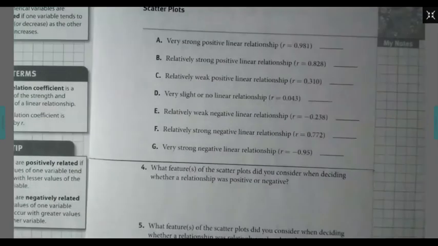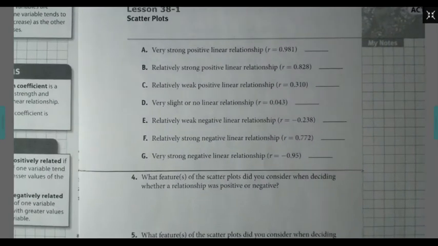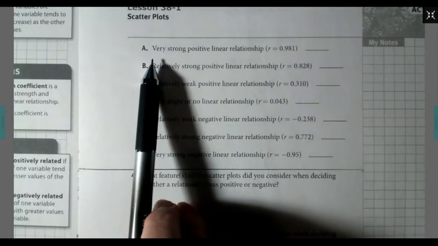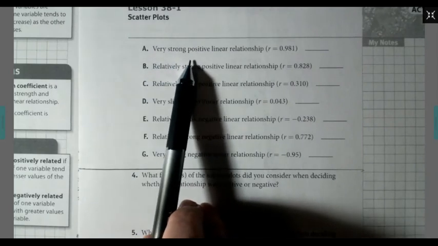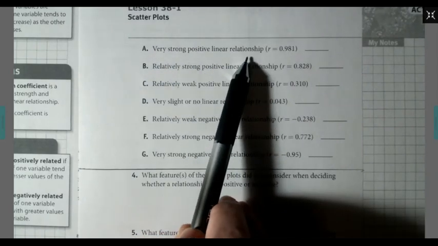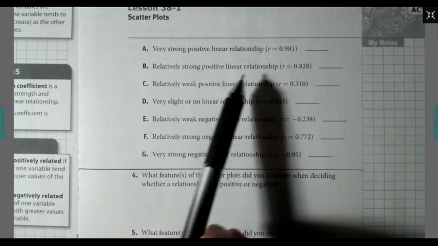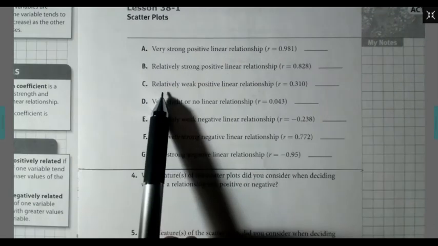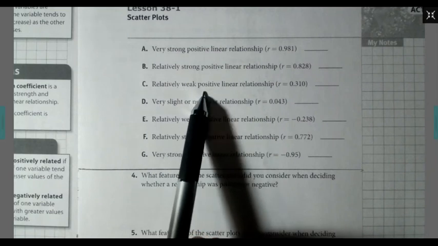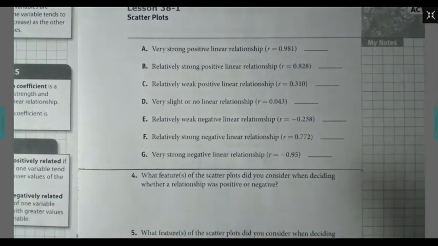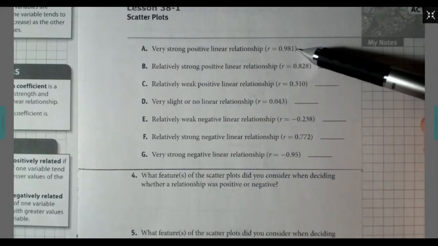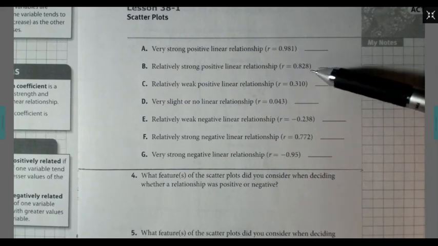I'm on top of page 561 and I'm looking at these statements. It says we have a very strong positive linear relationship. We have a relatively strong positive linear relationship. And we have a relatively weak positive linear relationship. And notice that this R was 0.981. This one was 0.828.